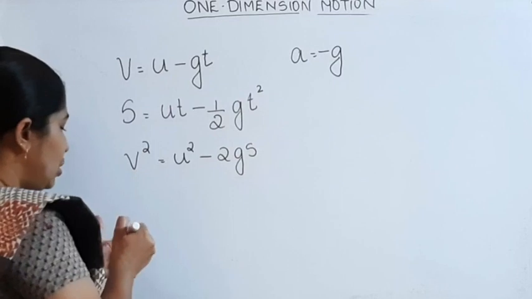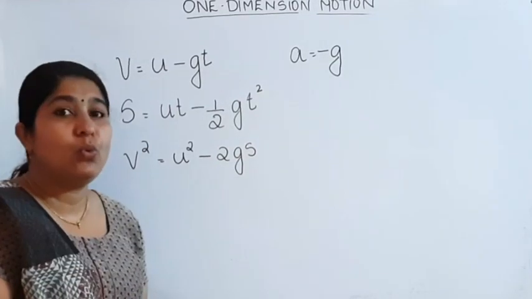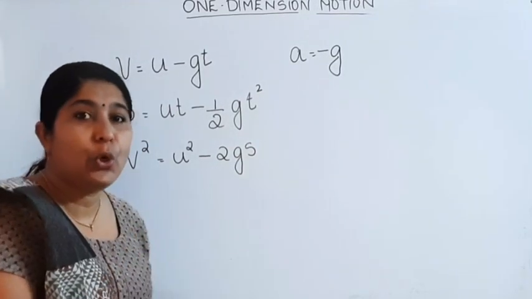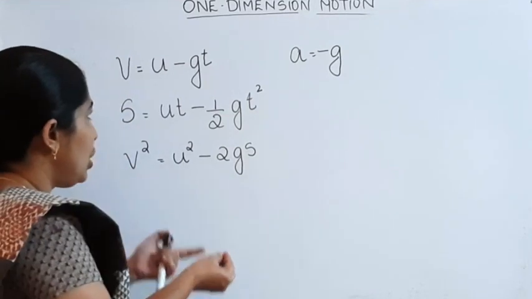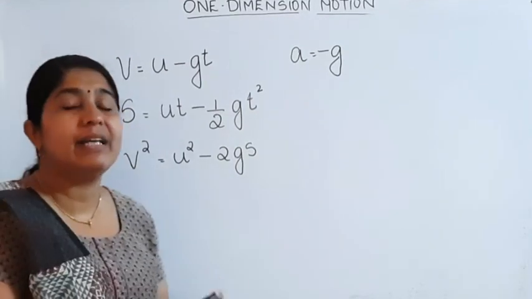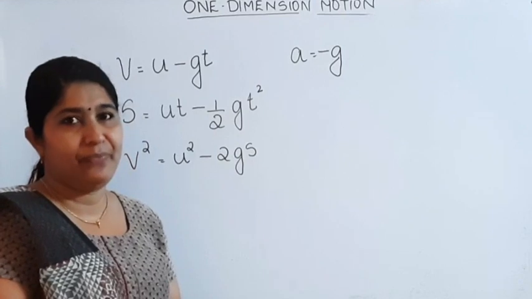These are the equations of motion when the body is thrown up with a velocity U and moves under the influence of gravity.